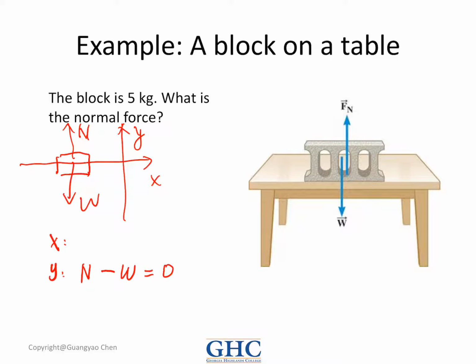So normal force minus weight is 0, which gives us normal force equals weight equals 5 times 9.8 newtons, so it should be 49 newtons. Yeah, so the normal force is 49 newtons in this part.